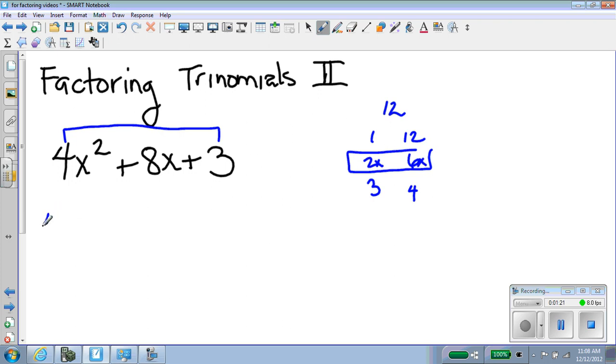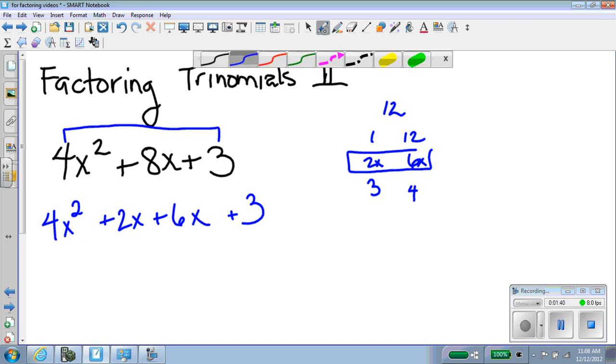And we're going to rewrite our trinomial as a 4-term polynomial. The 4x squared is going to stay, and the 3 is going to stay. But instead of writing 8x, we're going to write it as plus 2x plus 6x. Now we've got 4 terms, and I am going to factor them by grouping.